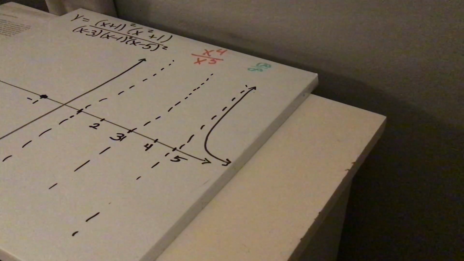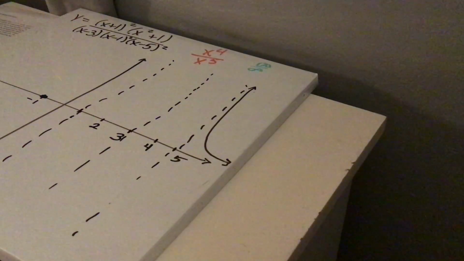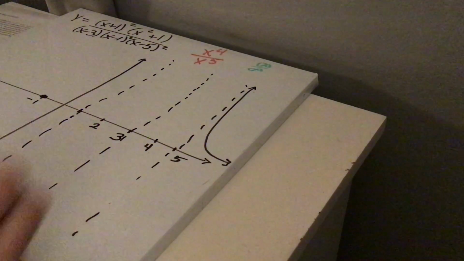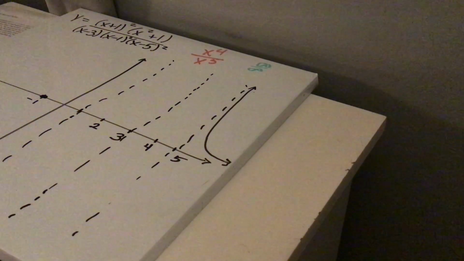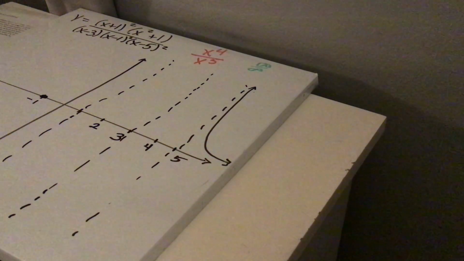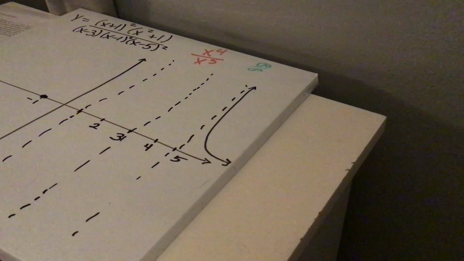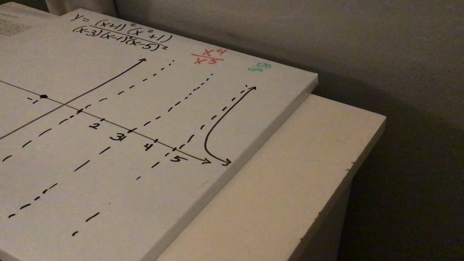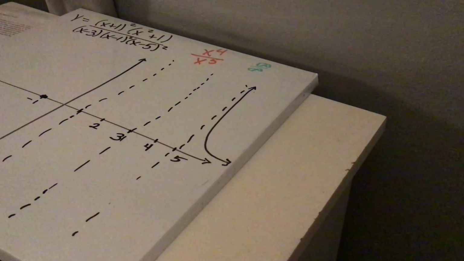Then, in between 3 and 4, okay? Or in between 3 and 5, sorry. You could even figure out an exact value, right? So what's going to happen, right? At, say, 4. So we get 4 to the fourth divided by 4 to the fifth.